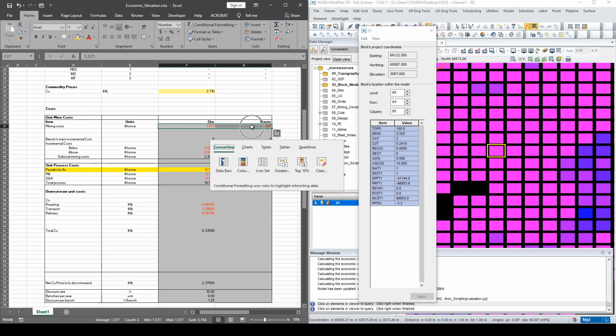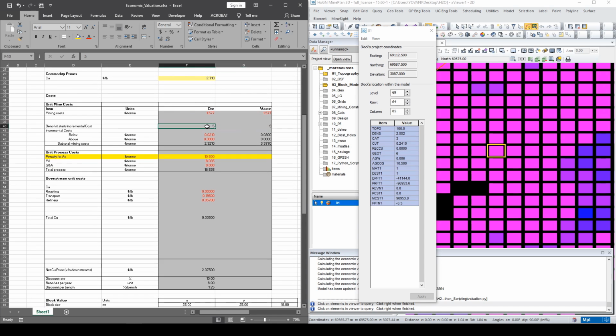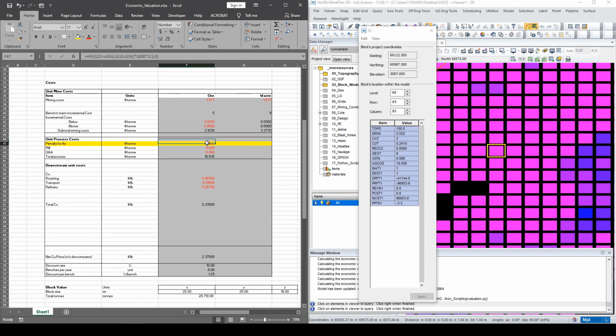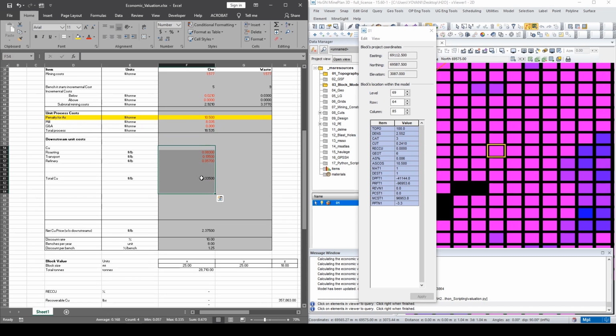Here is the mining cost for ore and for waste respectively. Then the bench that it starts with, the incremental cost, the subtotal mining cost, and here we have the penalty for arsenic, which is in this case 10.5 US dollars per ton, the processing cost, and here we have the downstream unit cost.